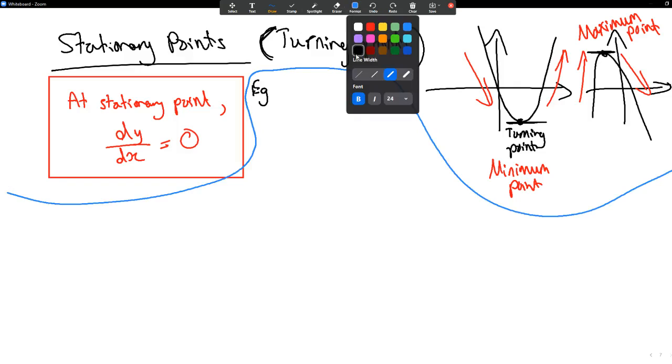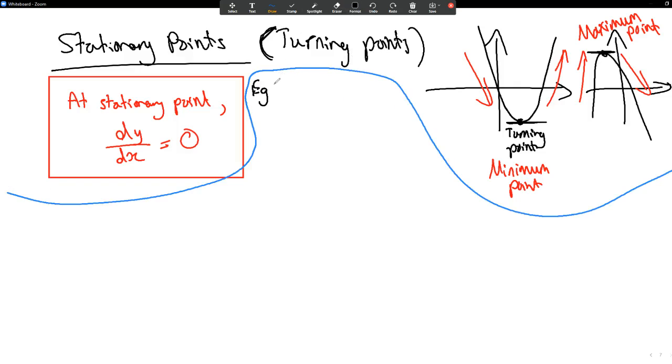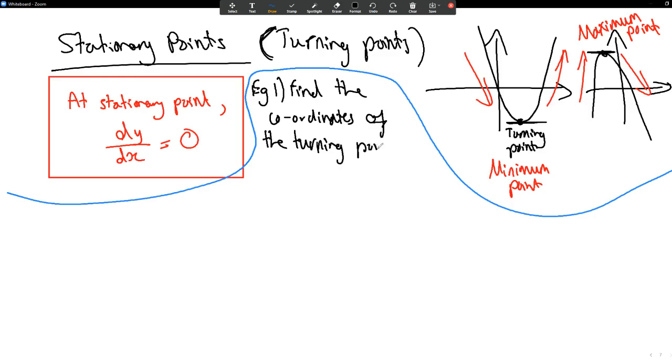So the example is to find the coordinates of the turning point on the curve y equals 2x squared plus ax minus 9.